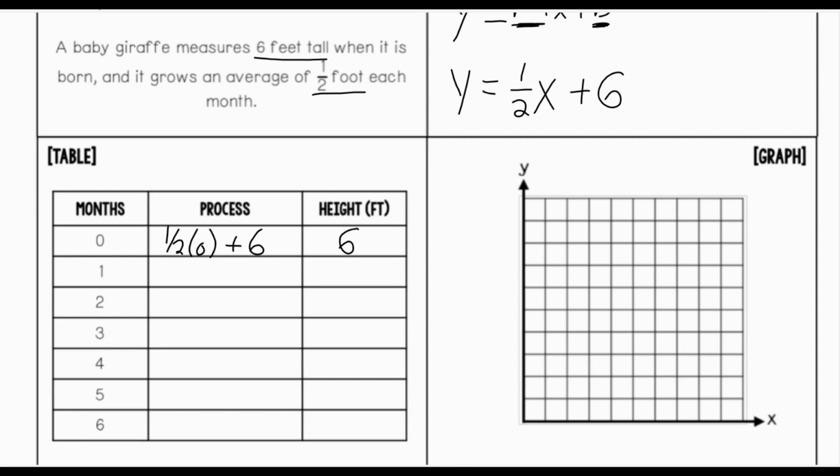If the giraffe is 1 month old, I'd have 1/2 times 1 plus 6, so that's 6.5 feet tall. 2 months would be 7 feet tall, because 1/2 times 2 is 1, plus 6 is 7. 3 months, 7.5. 4 months, 8, etc. I'm increasing by 1/2 a foot each month.